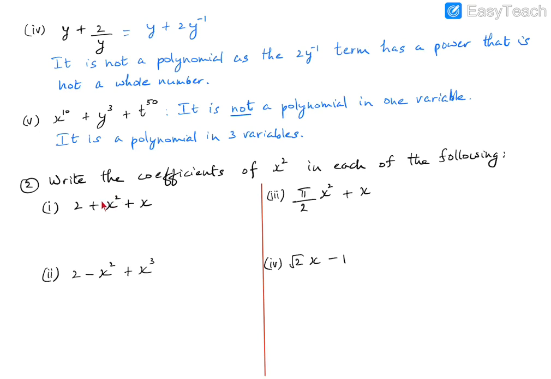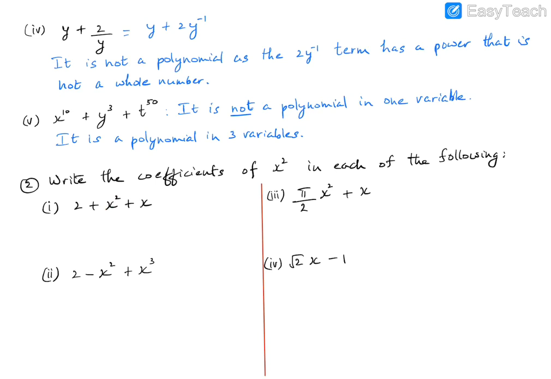If there is no number, it means it is 1. And if it's with a negative sign without a number, then the coefficient is minus 1. So this is basically 2 plus 1x squared plus 1x. The 1, we don't write it, so it is understood that the coefficient in this case is 1.